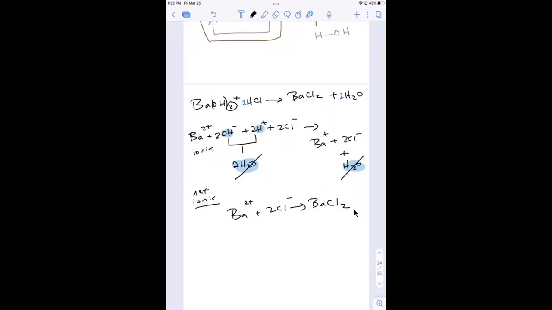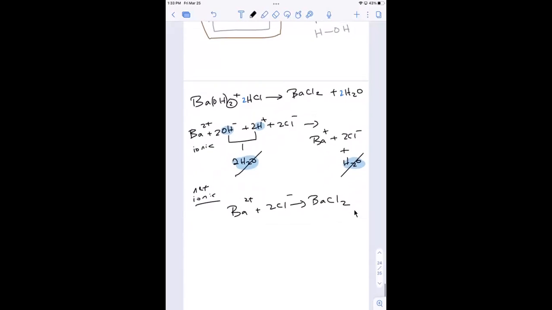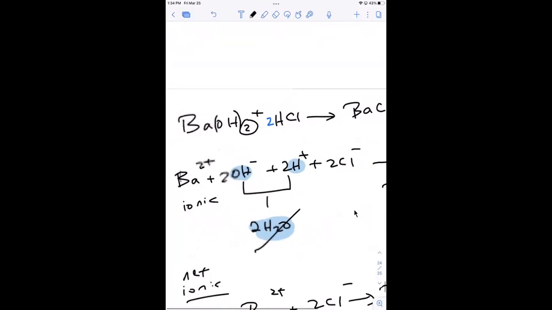All right. So we have to get in the habit of writing out the ionic and net ionic equations and things like that. But to do that, we have to have a command of your polyatomics, right? Like hydroxide, phosphate, sulfate, chlorate, perchlorate. You need to know what those are. And you also have to have a command of the charges used for each element or each ion, like barium.